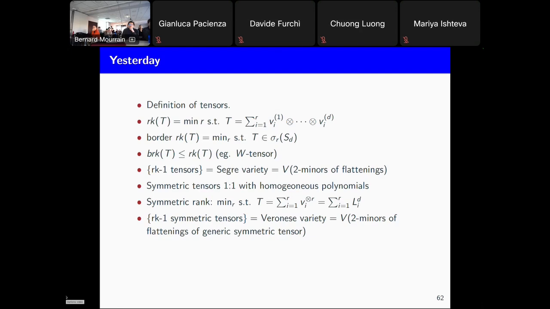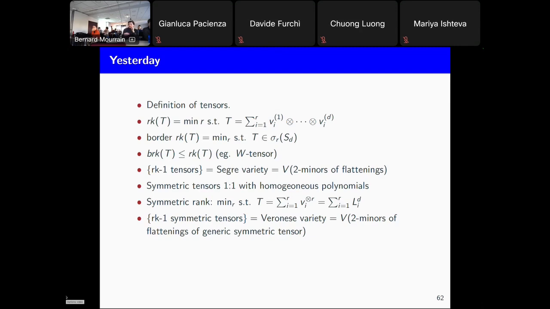The baby case was the W tensor of order 3. That guy happened to have rank 3 but border rank 2, because it was the limit of a sequence of rank 2 tensors. And so the border rank is always smaller or equal than the rank of the same tensor. For certain tensors you have equality, but for example not the W tensor.